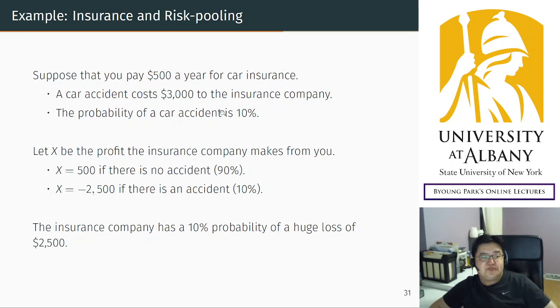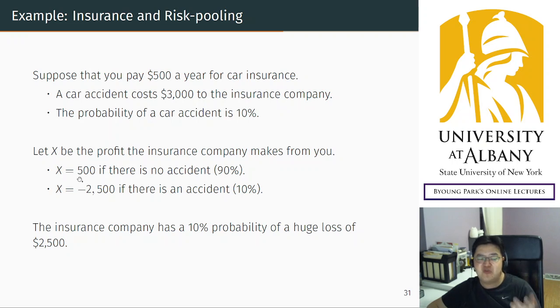That is the insurance. If you understand how it works, then you can think about the profit for that insurance company. With 90% probability, the insurance company makes $500 profit from you.